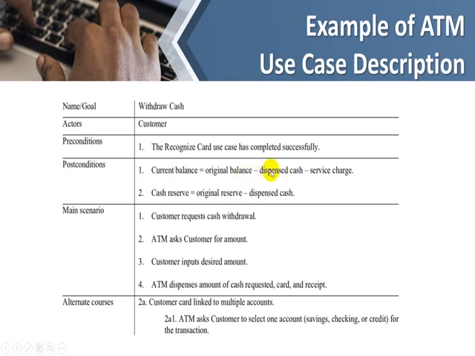From the 1000, I took 500 and 50 rupees were for the service charges. So now my current balance, 1000 minus 500 minus 50, will be 450. So the post condition is current balance 450 and cash reserve is original reserve minus dispensed cash.